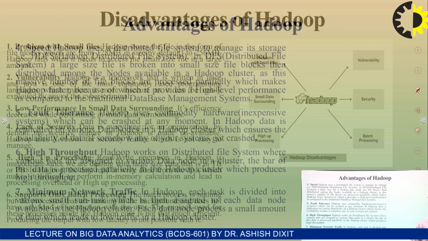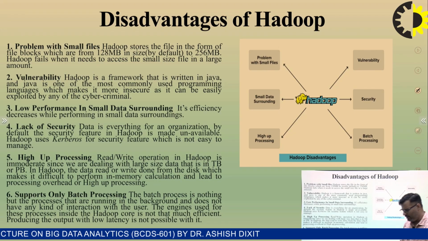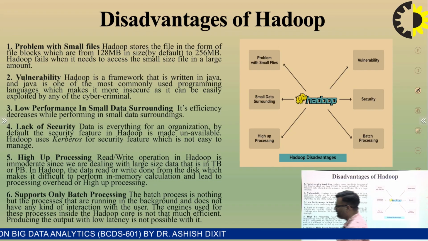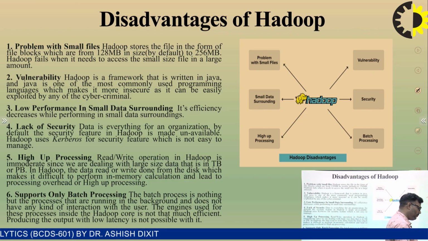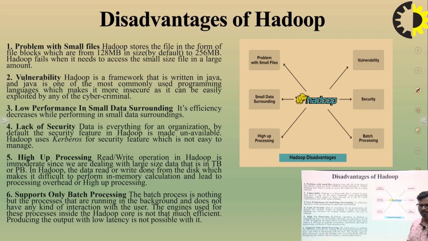Okay, these are different types of points. So again, we can say which disadvantages of Hadoop appear when we use it for unstructured data. First of all, there is a problem with small files. Hadoop will provide a good solution, but it is a more time-consuming process and uses maximum resources.